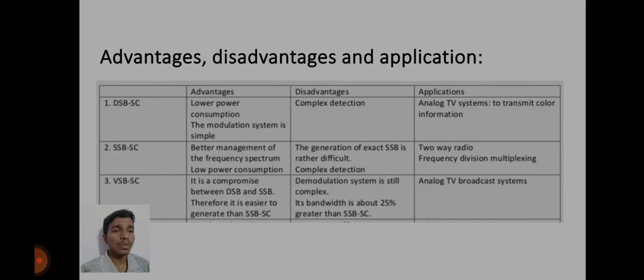The disadvantages of VSBSC are that the demodulation system is still complex and its bandwidth is about 25% greater than the SSBSC signal. Analog TV broadcast systems are used. So as mentioned previously, VSBSC is widely used in analog TV broadcast systems. By this I conclude my topic. Thank you.